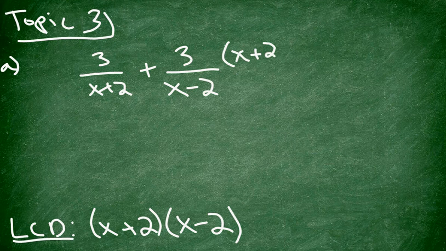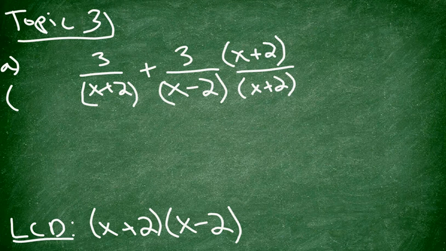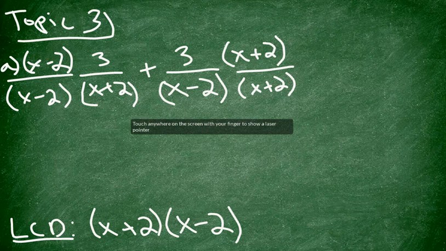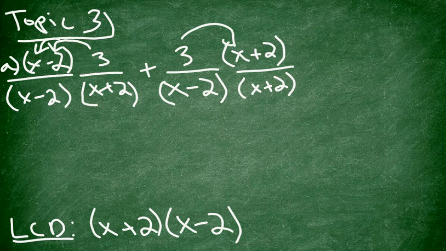So the second fraction over here, I'm going to multiply by x plus 2 over x plus 2, and I'm going to put this guy in parentheses to remind me that that is with itself, it's grouped together, right? So that I have a binomial times a binomial. I need to remember that. And then this fraction over here was missing the x minus 2, so I multiplied by that in the top and the bottom. So right here, I'm going to distribute the 3 for both of these.